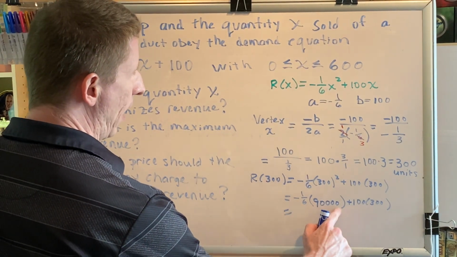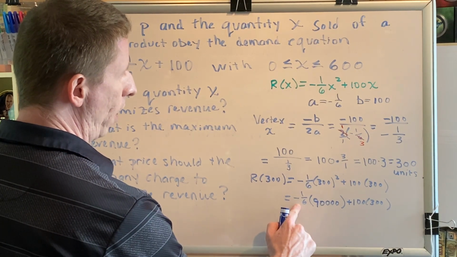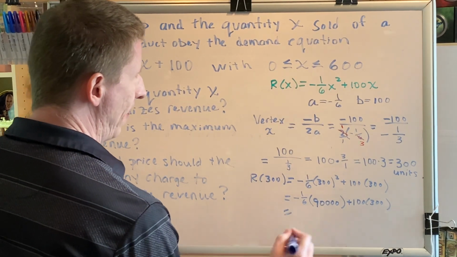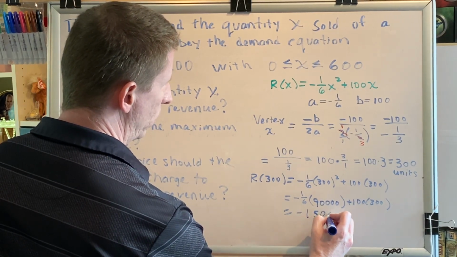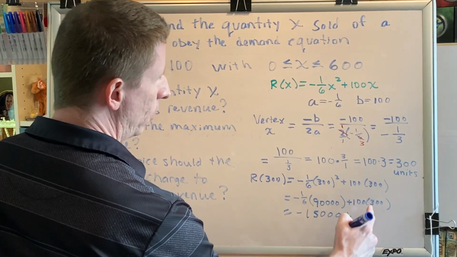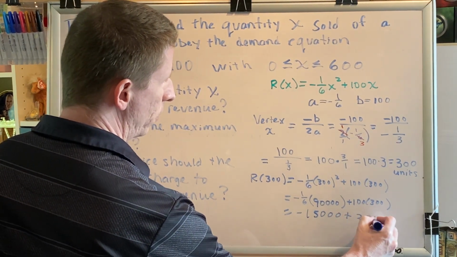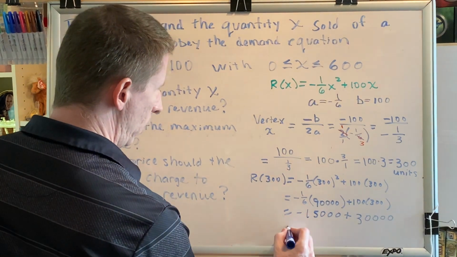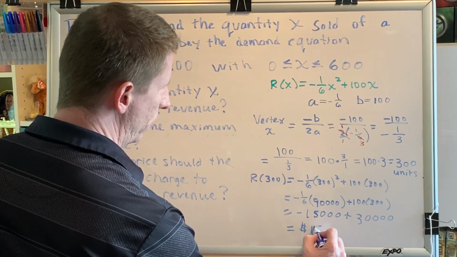So 90,000 divided by 6 is 15,000, multiplied by 1 is still 15,000, and then made negative. So this is negative 15,000. Plus, 1 times 3 is 3, and there are 4 zeros, so 30,000. Add the numbers together, and we get the revenue of $15,000.